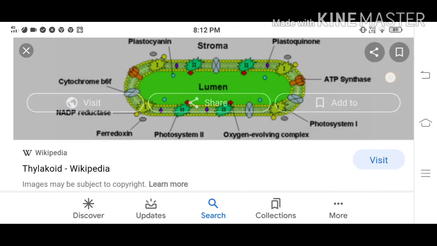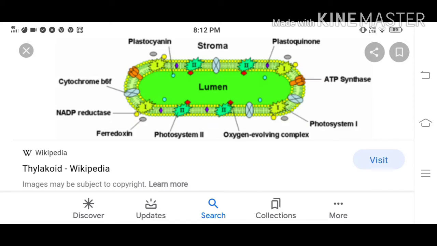In detail, when we check a single thylakoid, it is found that 250 to 400 pigment molecules are grouped as a light harvesting complex, or we can also call it a photosynthetic unit, inside each thylakoid. Like that, innumerable units will perform their function inside the chloroplast of green plants during the process of photosynthesis.